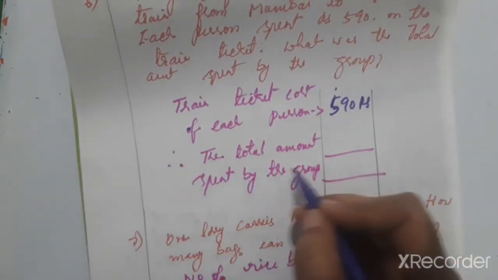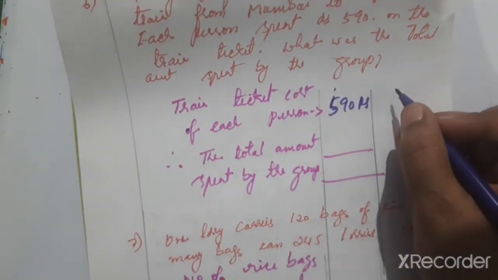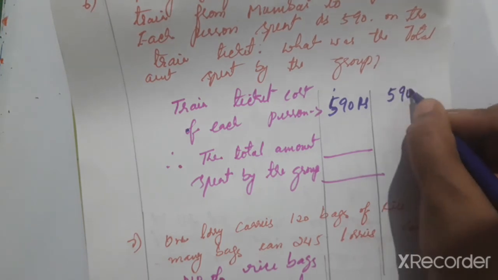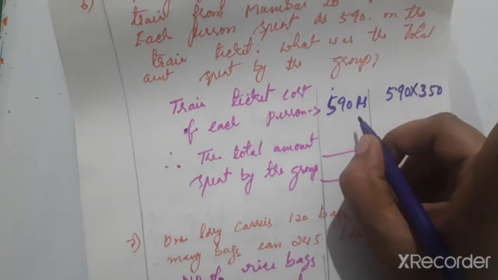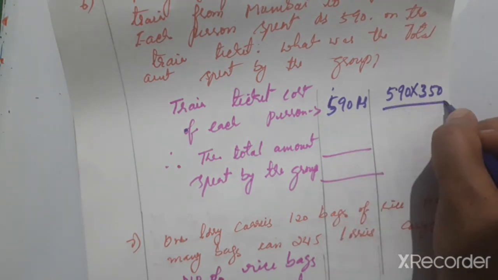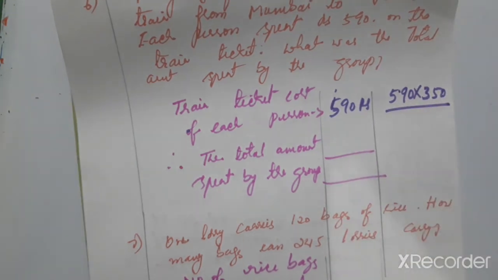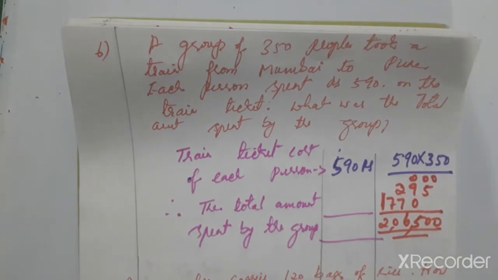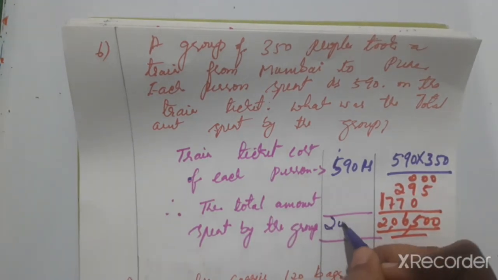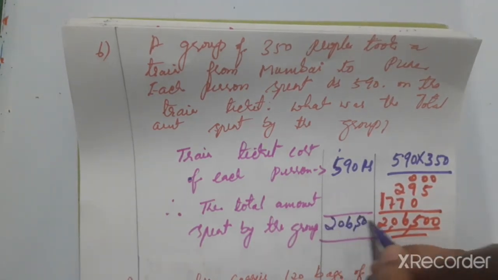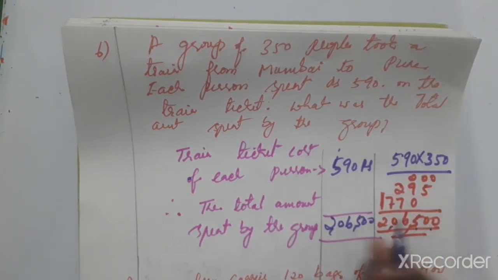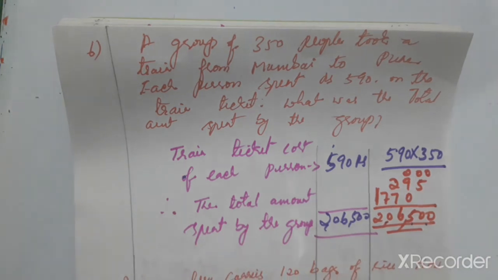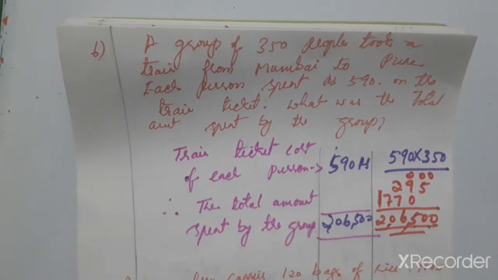Therefore the total amount spent by the group. 590 rupees for one person's ticket and 350 people travel, so we have to multiply. So here the amount, after multiplying 590 into 350, is 2,06,500. So the total amount spent by the group is 2,06,500.